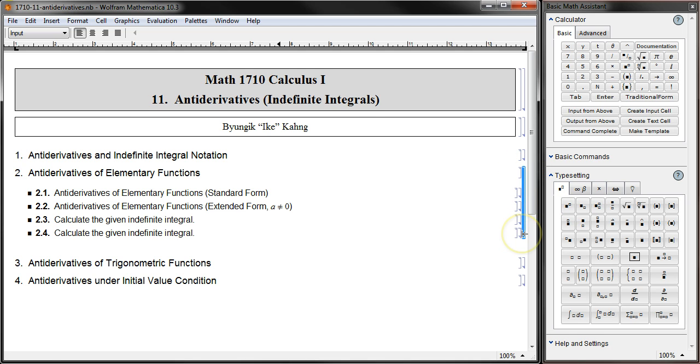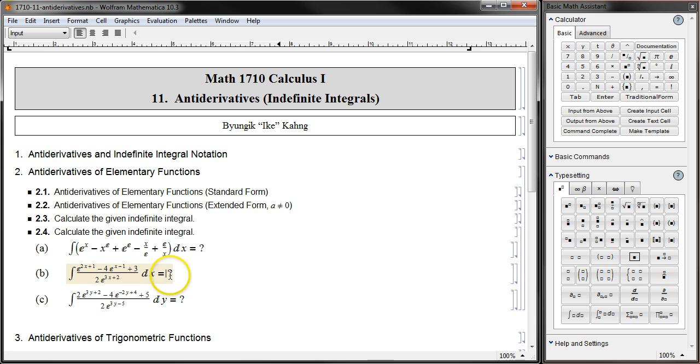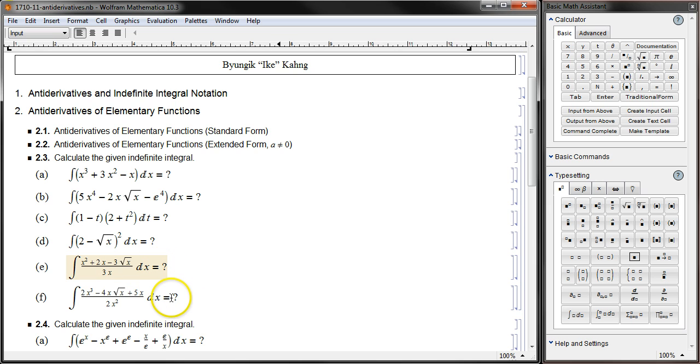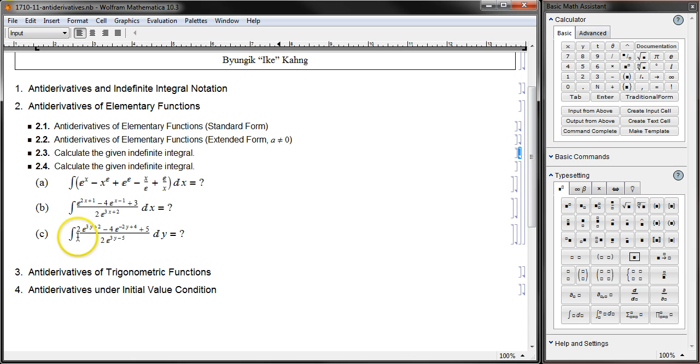Okay, let's come back. And now let's focus on these kind of problems. They are similar to these kind of problems in that we don't have any additional subtraction in the denominator, so we can separate the numerator. It's a little bit complicated with all the exponentials, so let's expand the font a little bit.